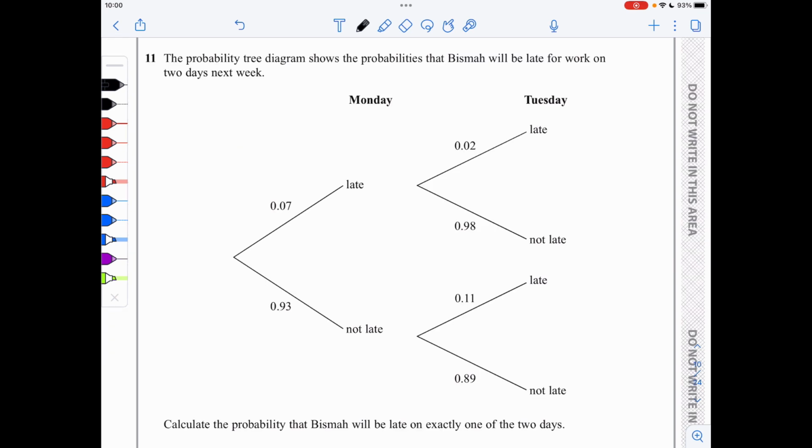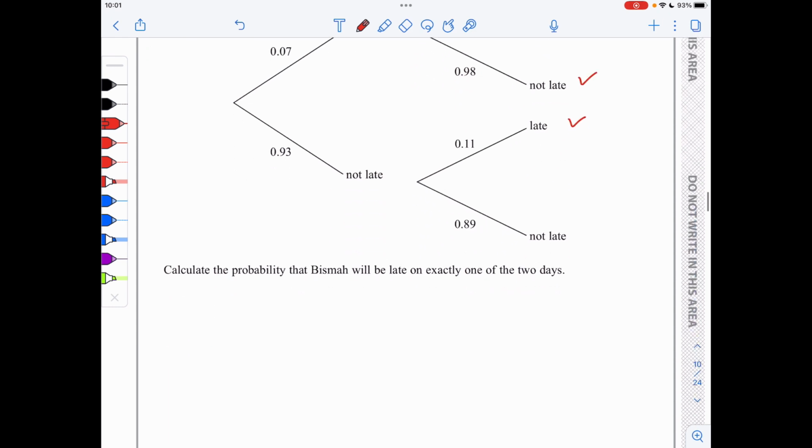In 11, we've got a tree diagram showing the probability that someone will be late for work on 2 days, and we need to calculate the probability that they will be late on exactly one of the 2 days. So they will either be late and then not late, or the opposite, so not late and then late. So I tick the scenarios I would like to happen, and I multiply the probabilities.